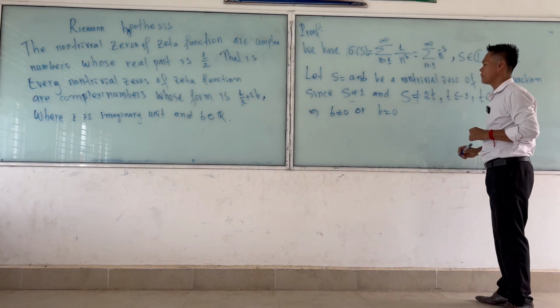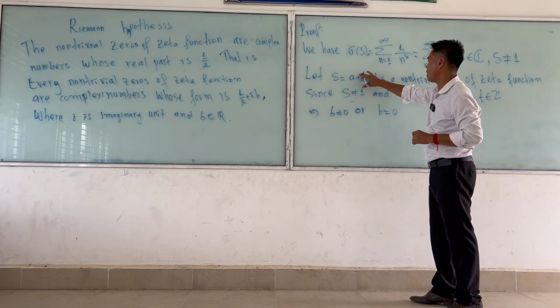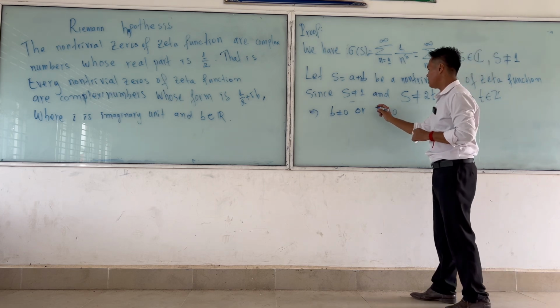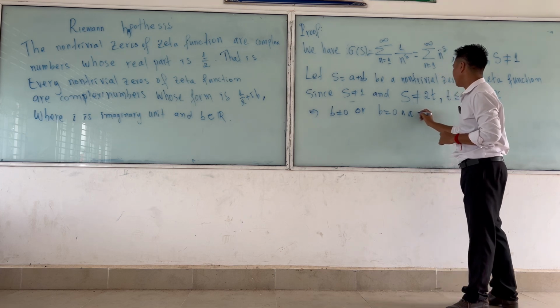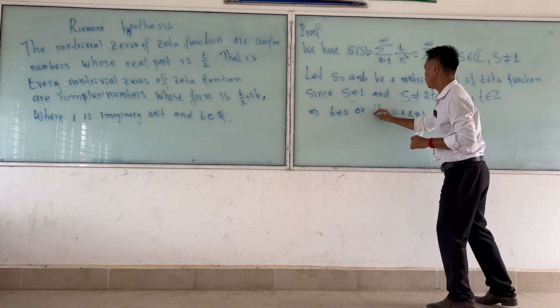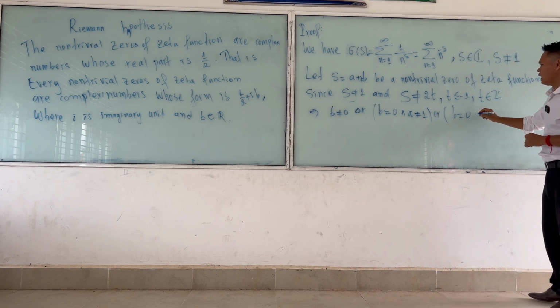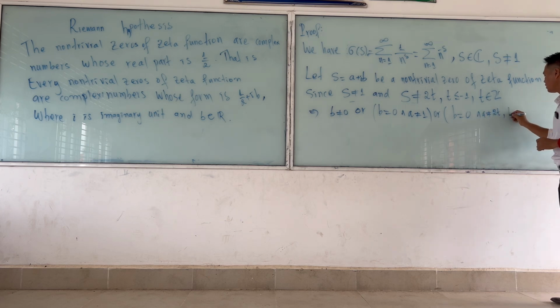If b equal to 0, then a is not equal to 1 and a is different from 2t, where t belongs to Z, and t less than or equal to negative 1.